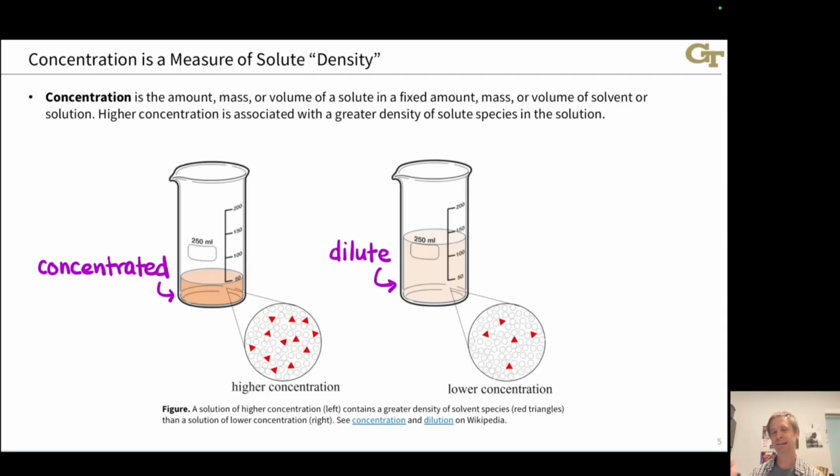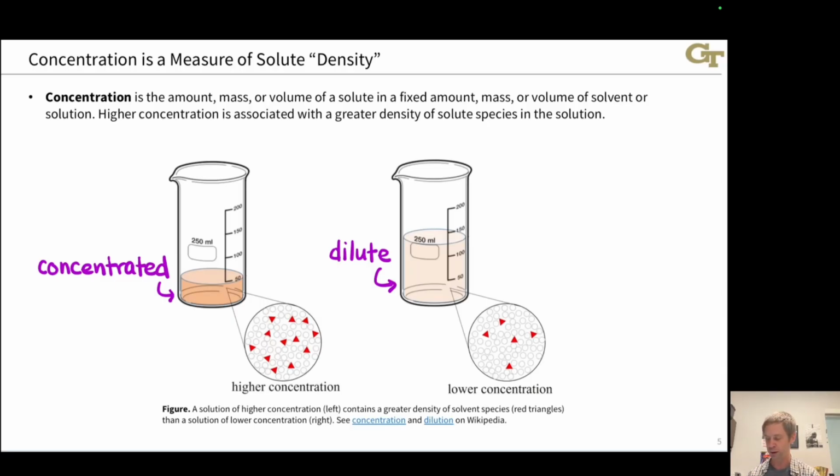When we add liquid to this solution to increase the volume while keeping the number of solute particles fixed, we've done what's called dilution. The solution on the right is more dilute than the solution on the left. Dilute is the opposite of concentrated, essentially. On the submicroscopic level, the density of solute particles is much lower.